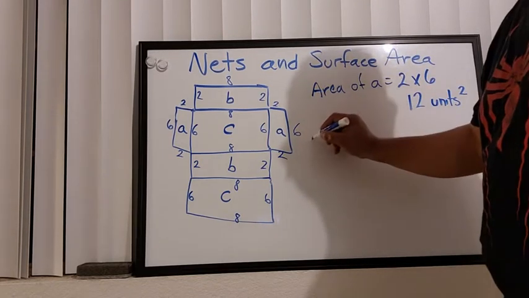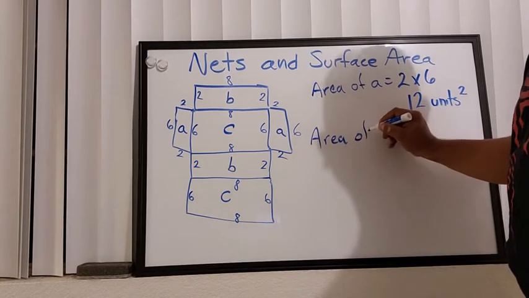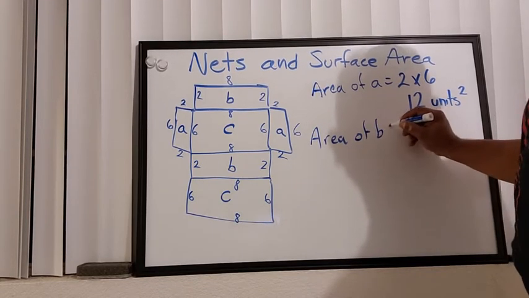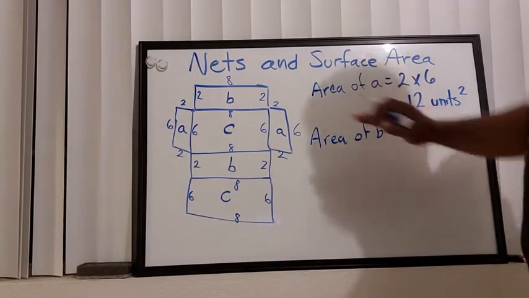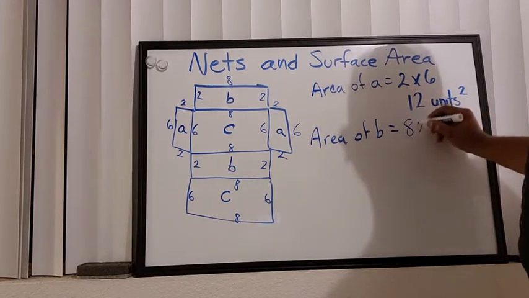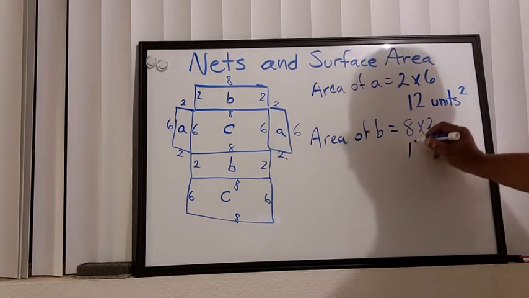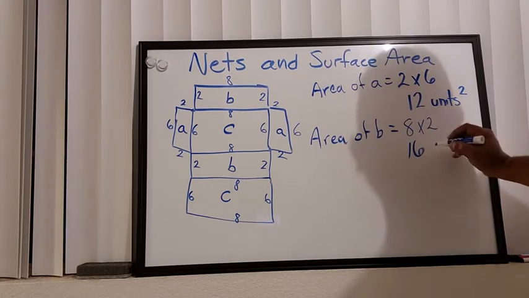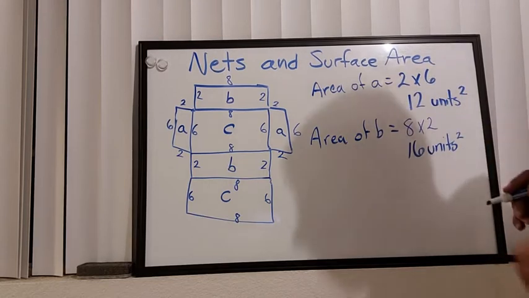Let's check area for B. Well, B, we know that our base is 8 and our height is 2. 8 times 2 is 16. So that leaves us with 16 units squared.